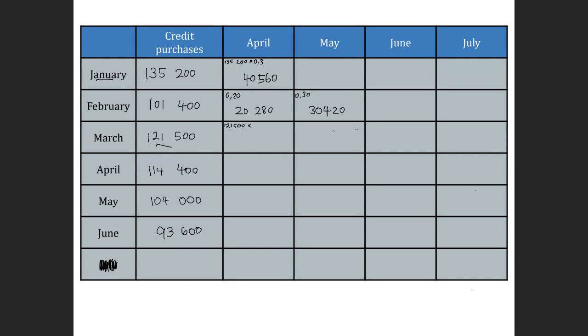It would have been 50%, but because they're giving us a discount, we're not paying the whole amount, we're paying 5% less, which means 95% of the amount is what we're paying.